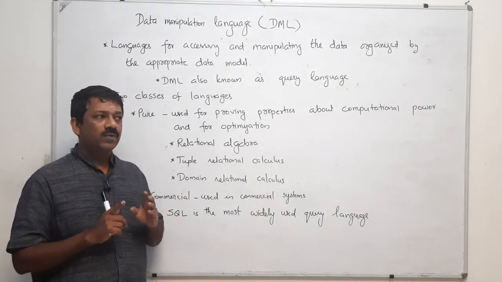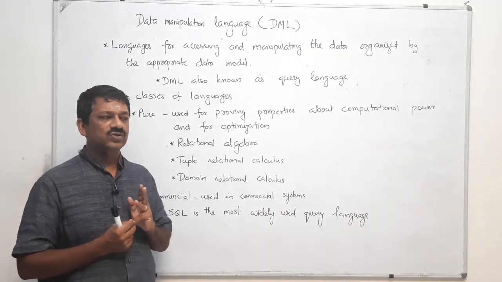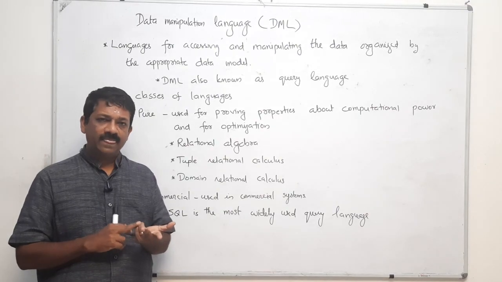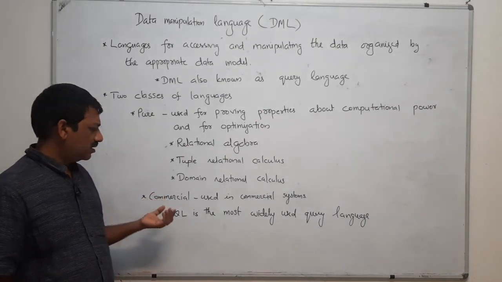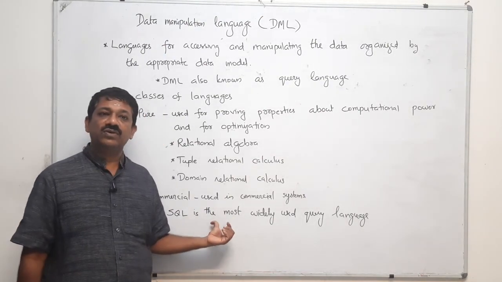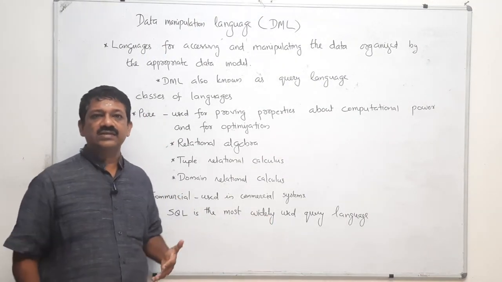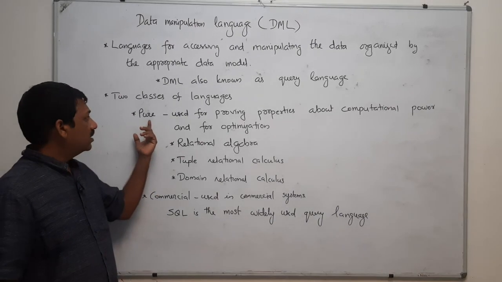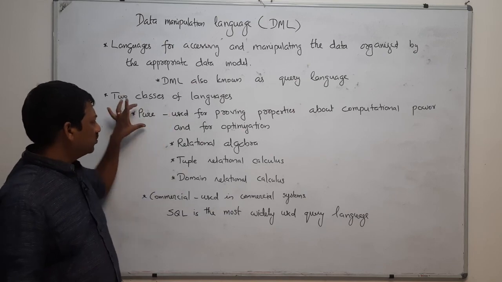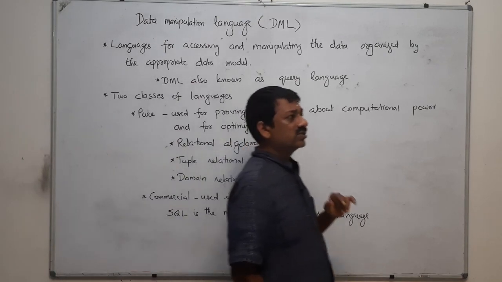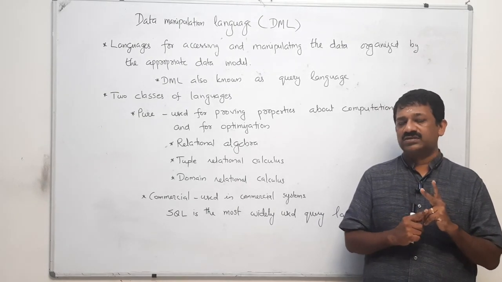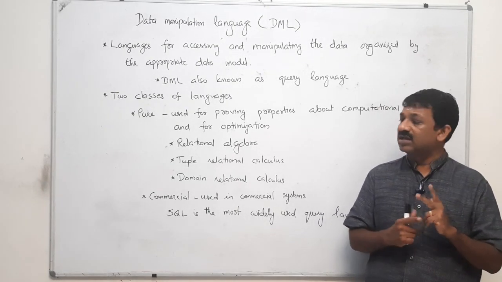The popular database management systems or software are Oracle, SQL Server, MySQL, etc. All of these support structured query language, or SQL. We'll discuss SQL in detail. The other class is the pure one: relational algebra and relational calculus.